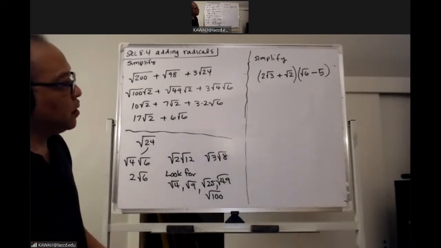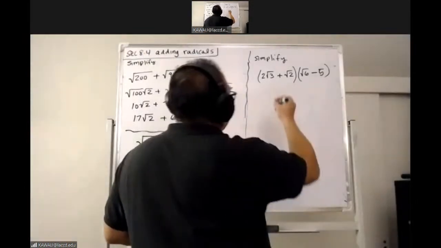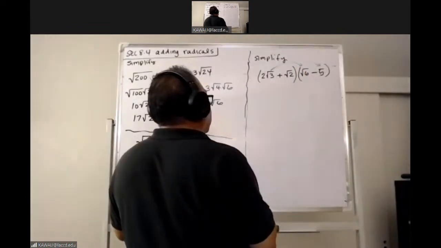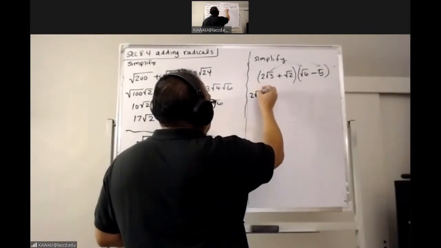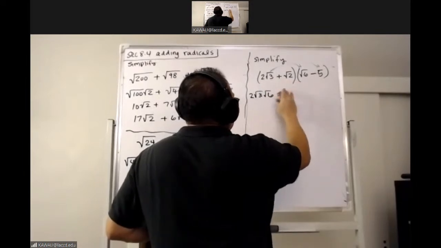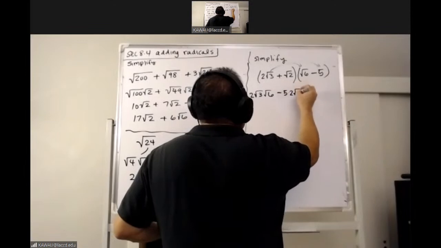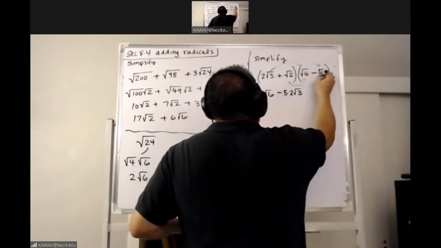Okay, so we're going to FOIL this puppy. We're going to say this times this, this times that. And then we're going to say this times this, this times that.